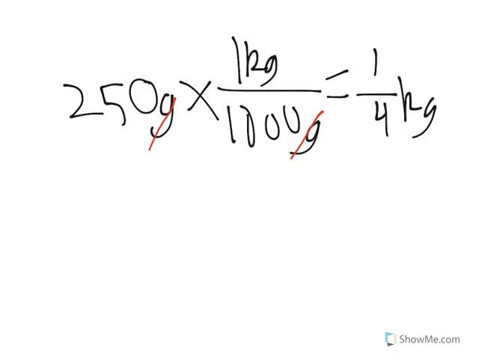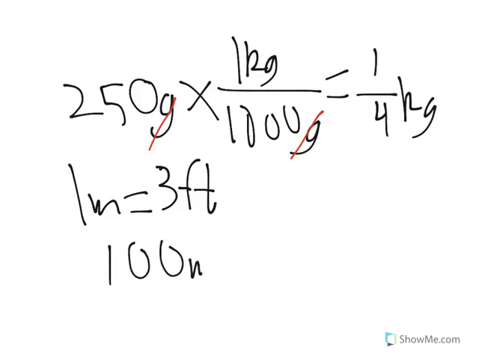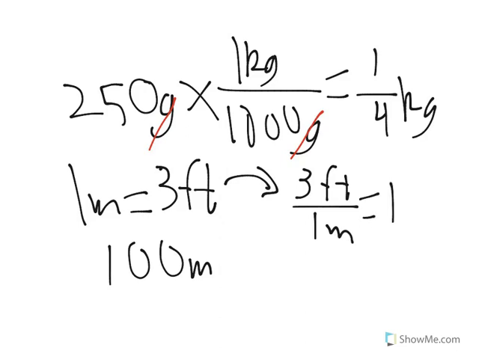For instance, if we say 1 meter equals about 3 feet, and this is an oversimplification, that's not quite true, but it's close enough to be true that we don't have to worry about it for now. And if I know that I ran a 100-meter dash, about how many feet did I run? Well, if 1 meter is 3 feet, then we can say that 3 feet over 1 meter equals 1.